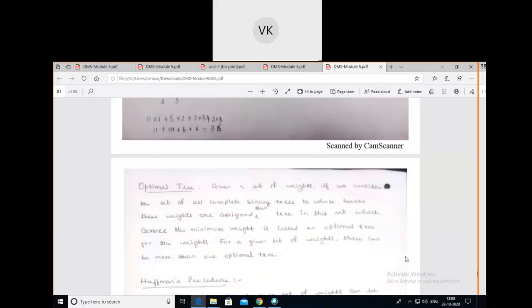Just to observe here, given a set of weights, if you consider all the binary trees whose leaves we assign those weights to, then after calculating the weight of the tree, if you get the minimum weight, then that tree is called an optimal tree.